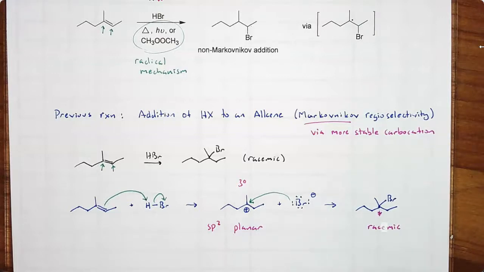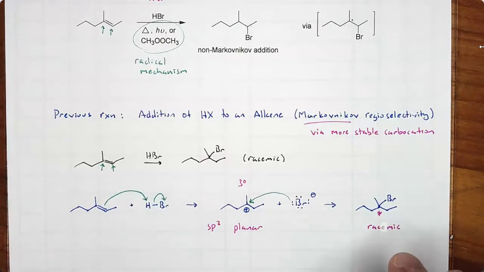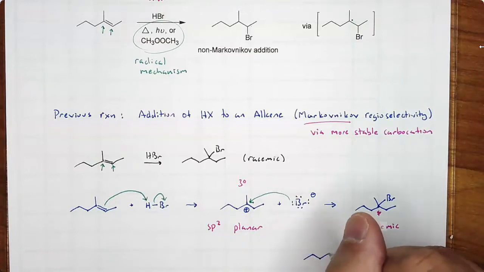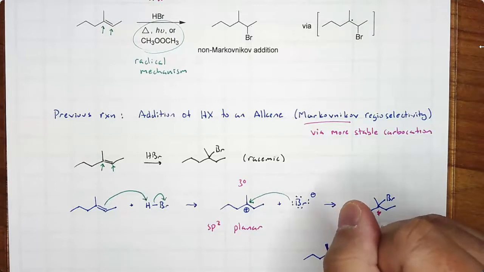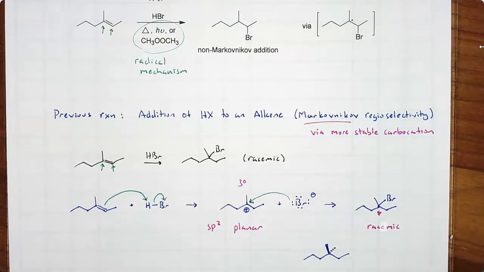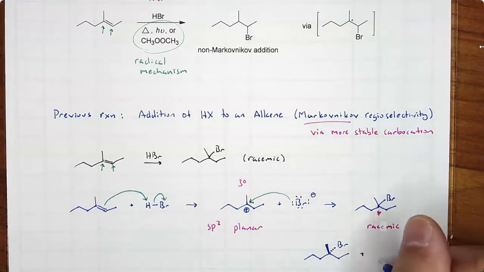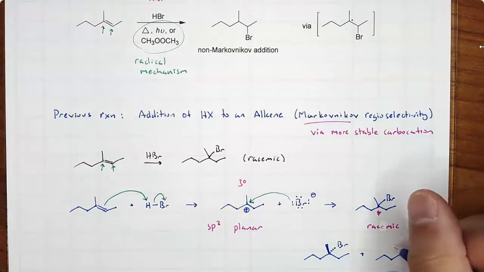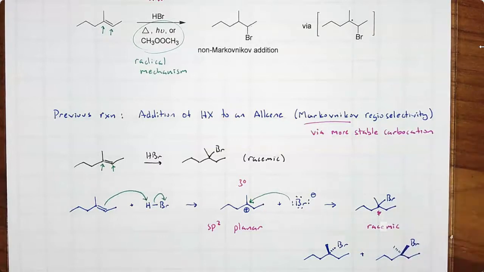So you will get a racemic mixture, which is a 50-50 mixture of enantiomers. If you need to draw out the two enantiomers, probably the easiest way to do that is just to make one bond dash and one bond wedge, and do the opposite for the enantiomer. And we have this. We have that.